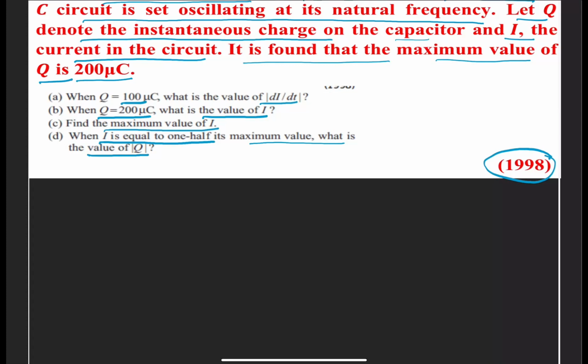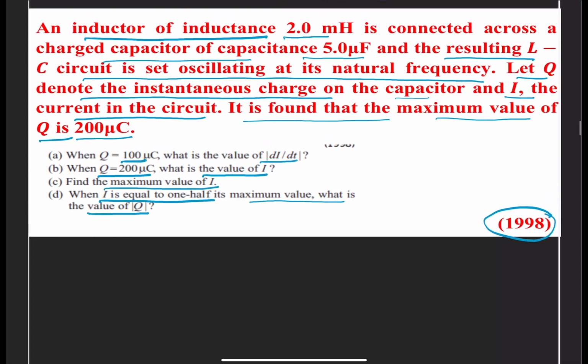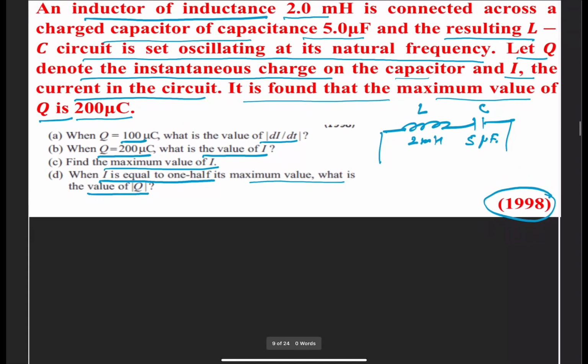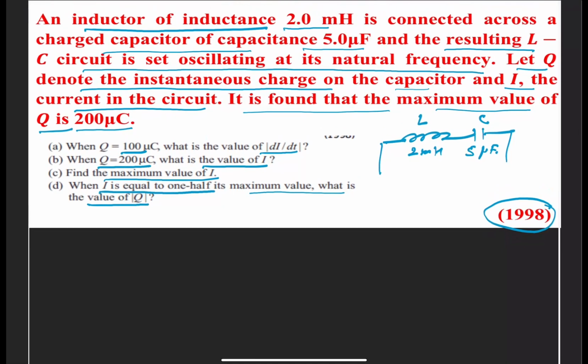So we are given that it is an LC circuit, so we can just draw its approximate diagram. This is our inductor and we have a capacitor, and the inductor is given as 2 millihenry, capacitance is given as 5 microfarad. They are oscillating at their natural frequency.